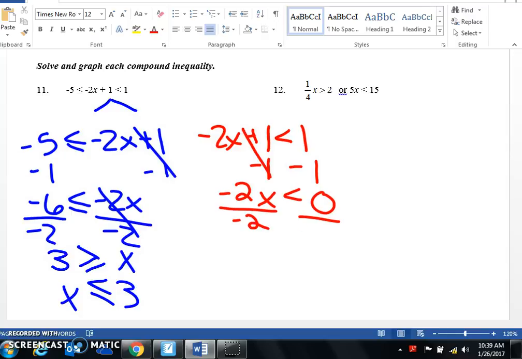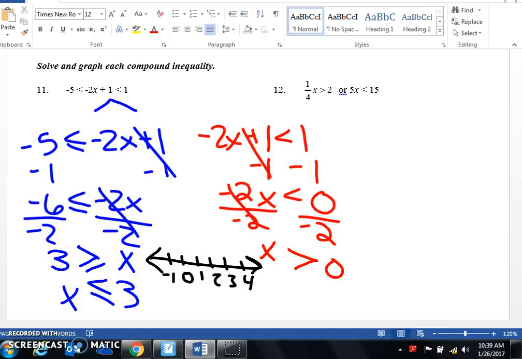Divide by -2. Flip it because I divided by a negative. There's my other one. So on the number line, x, so I go to 3. It's a closed circle. I'm going to the left. x is an open circle going to the right.